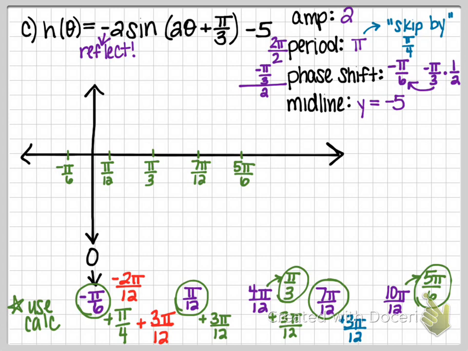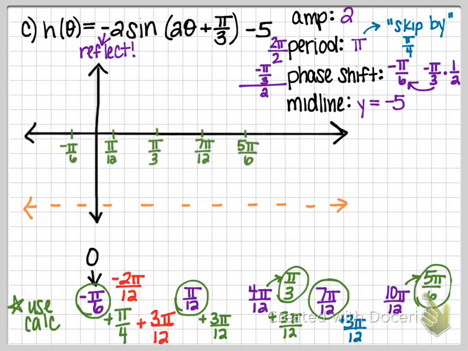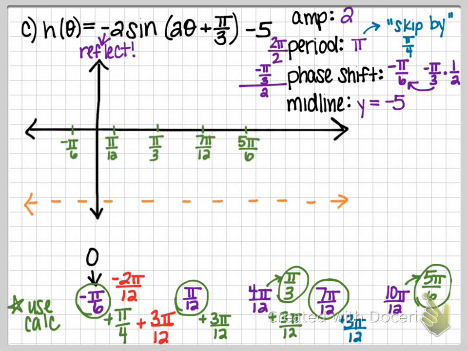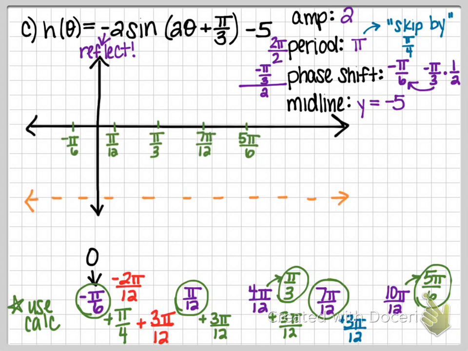Now my midline is going to be down at negative 5. So there's my midline. I'll just shift them up a little bit so that I have some room. Good deal, okay.